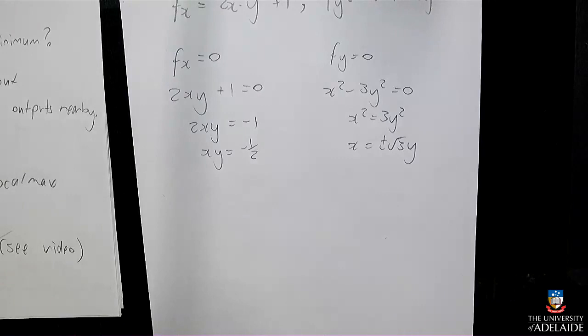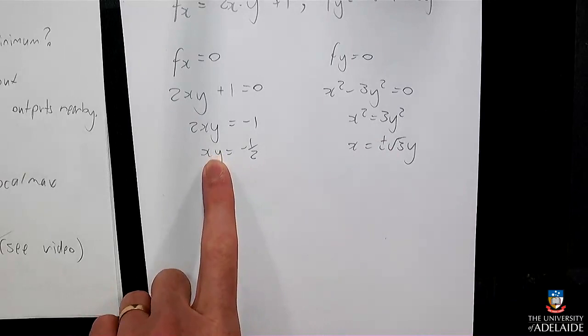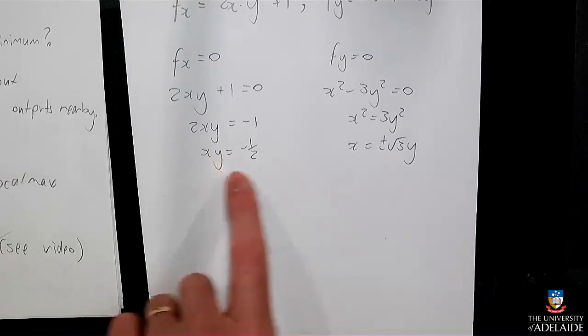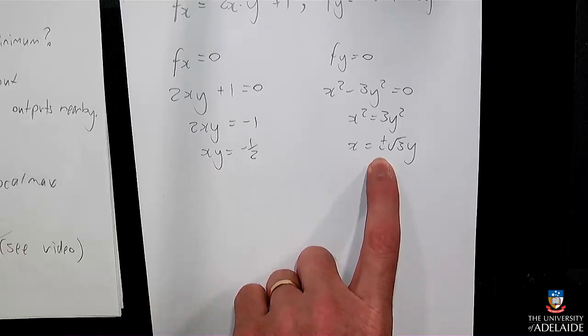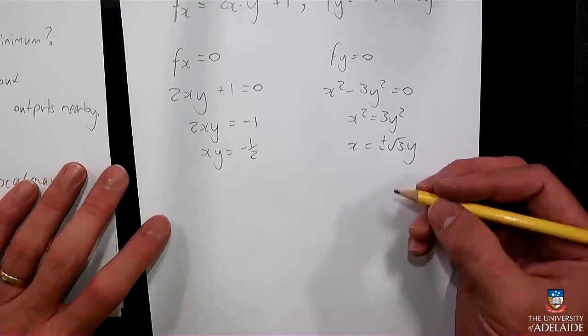Okay. So looking at both of these, I've gone as far as I think is reasonable. I could sub this one into that one and see what I get. Or maybe multiply this one by y, because I know what x times y is. But technically there's 2 equations here, and it might be easier to actually treat them separately.